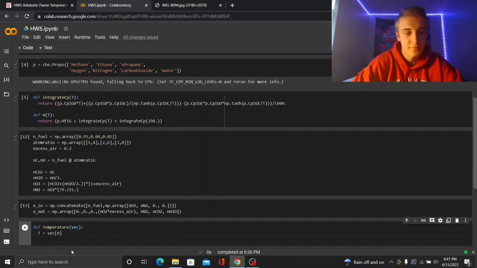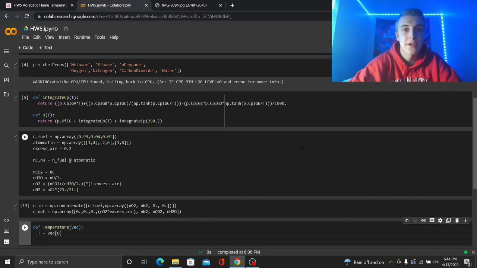Like so. So what we will be returning will be a difference between two dot products of our enthalpy function times our moles out at the temperature that we are looking for, minus the dot product of our enthalpy function we calculated from before, times our moles in at the room temperature that we started at.